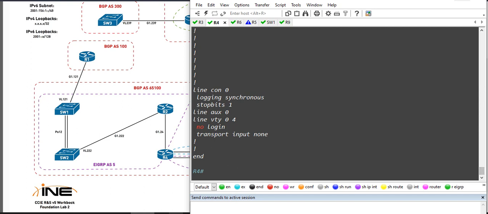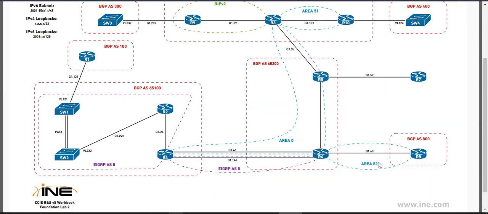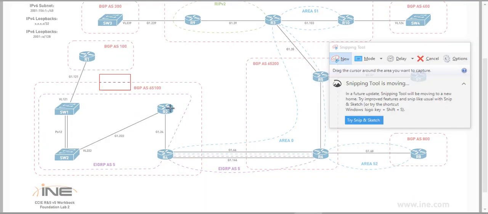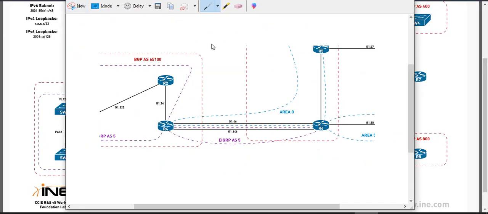Well, let me redistribute the EIGRP into OSPF first. This is new. Redistribute EIGRP into OSPF. In EIGRP, I have two interfaces, one is this and this, 1.46 and 1.24.